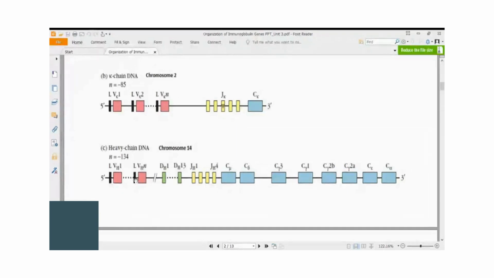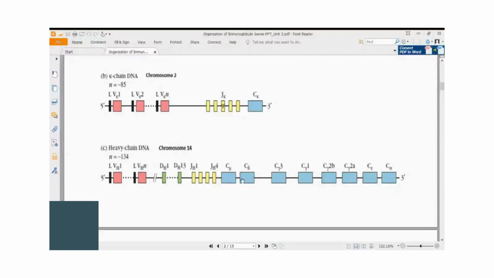Okay, leader sequence. Now, any of those variable region genes that are chosen have to combine first with D, then with J, VDJ recombination, then with the C region. So the recombination that takes place in the 5' to 3' order in the VDJC recombination will choose the constant region domain.